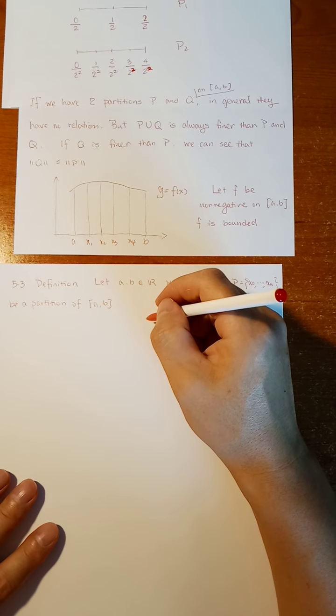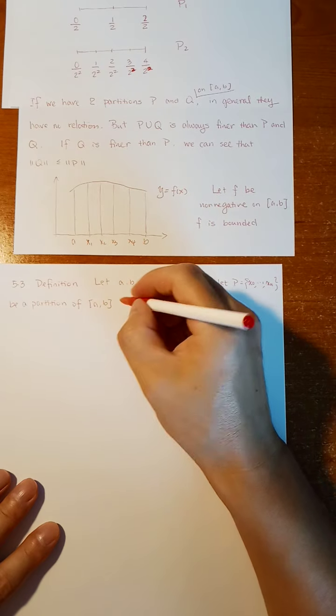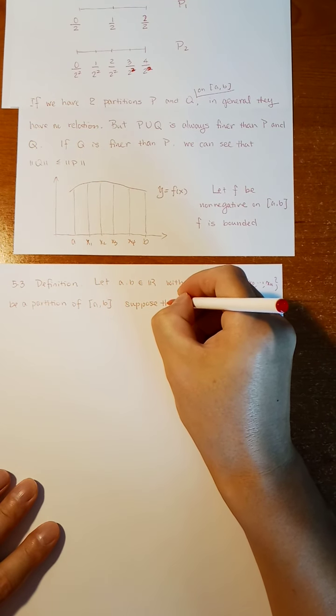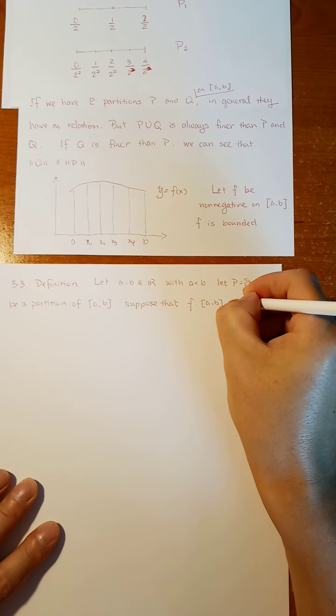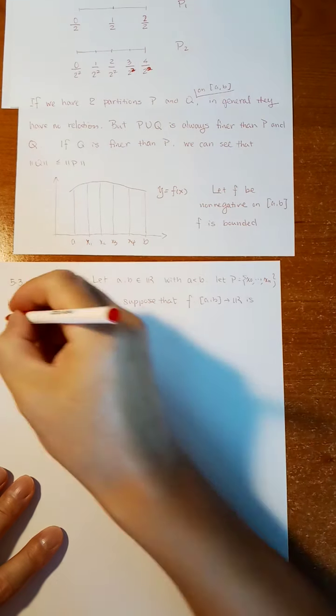It's a partition. And suppose that f from [a, b] to R is bounded.